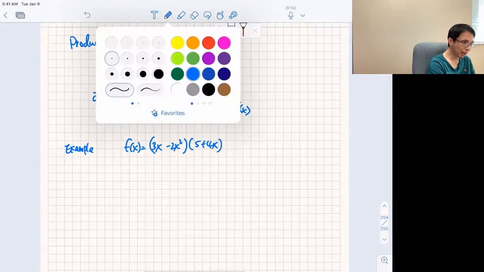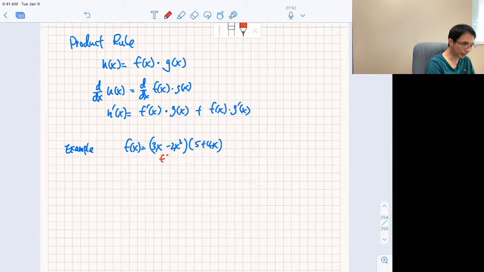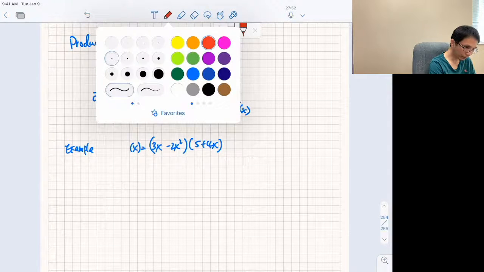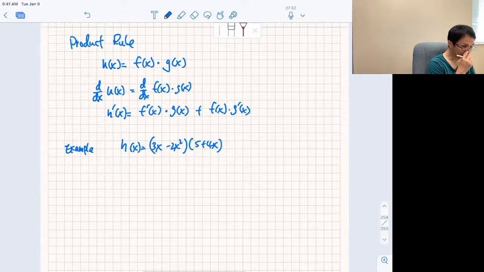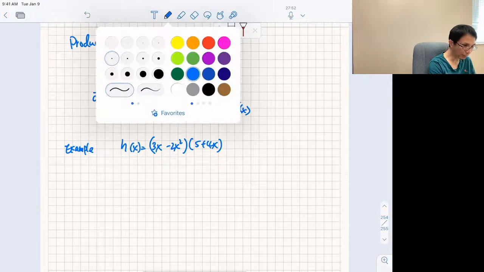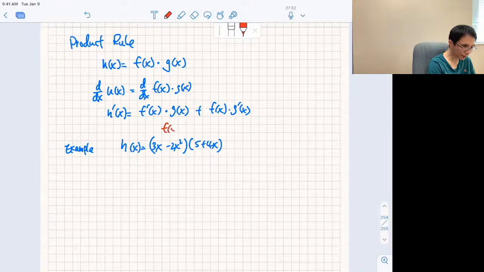Oops, sorry, my bad. I'm going to call this h of x, and then we're going to call the two functions multiplied by each other f of x and g of x.